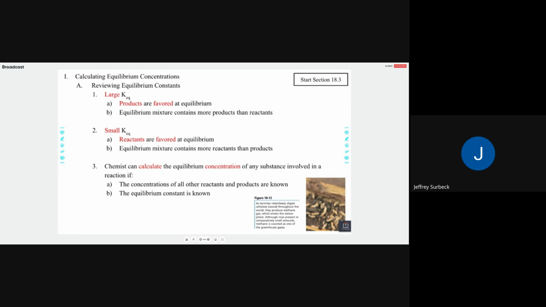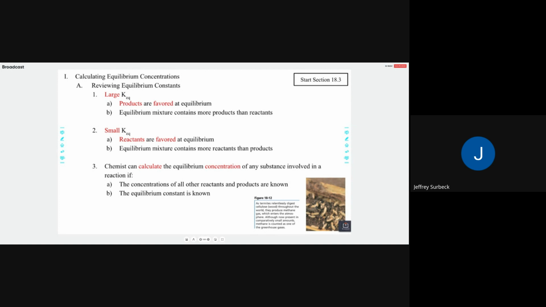And then the last thing that I want to remind you is, what does K mean? If we have a really big K, and when I say really big K, I mean more than one, your products are going to be favored. So there's going to be a higher or greater concentration of our products at equilibrium than reactants. And if we have a small k, our reactants are going to be favored.